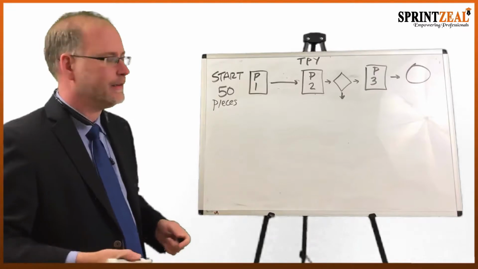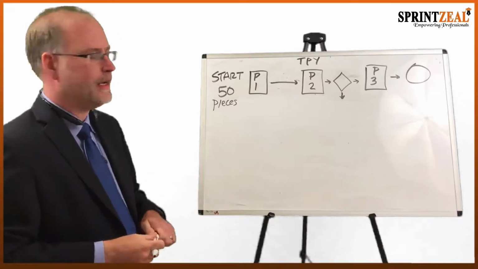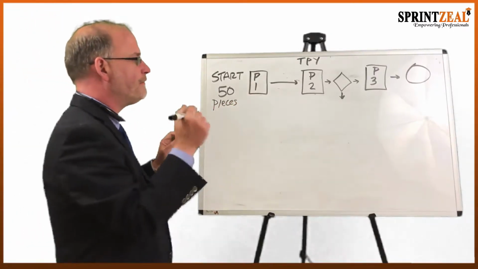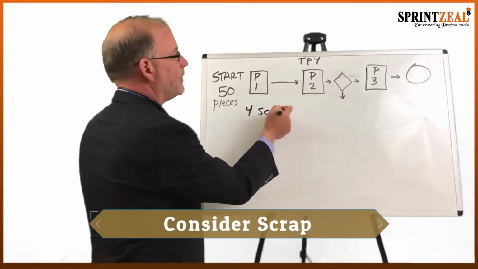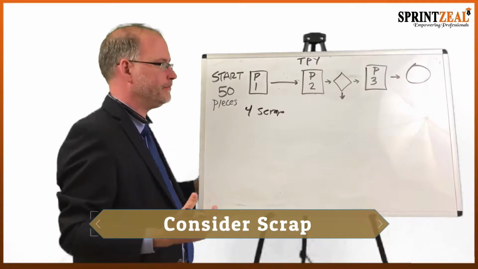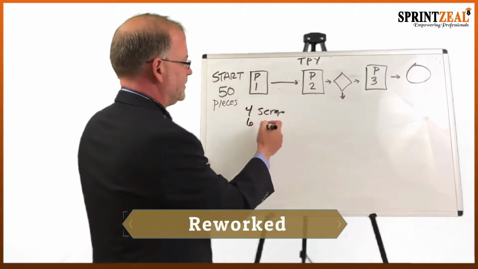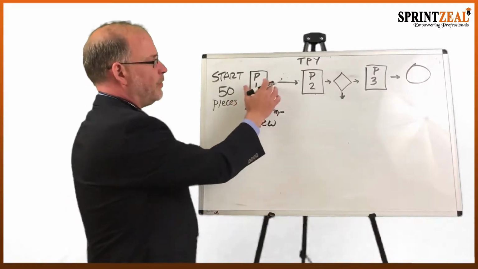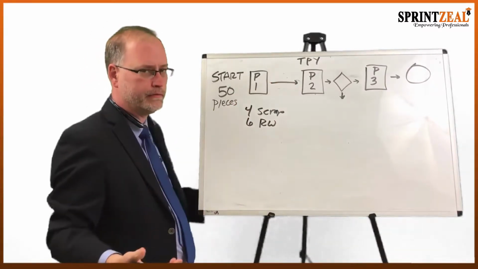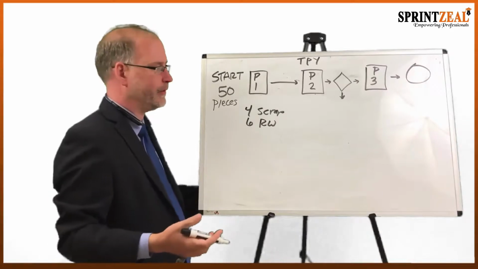Now let's say that out of those 50 pieces that are being processed, 4 of them are considered scrap, coming out of process step 1. 6 pieces have to be reworked. So in process step 1, come the exit, 4 are going to be total trash, 6 are going to be reworked.